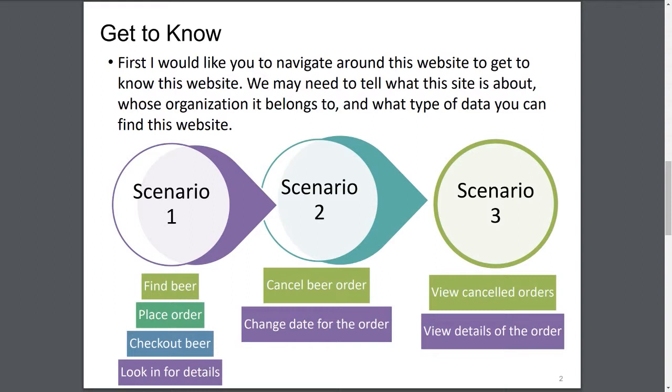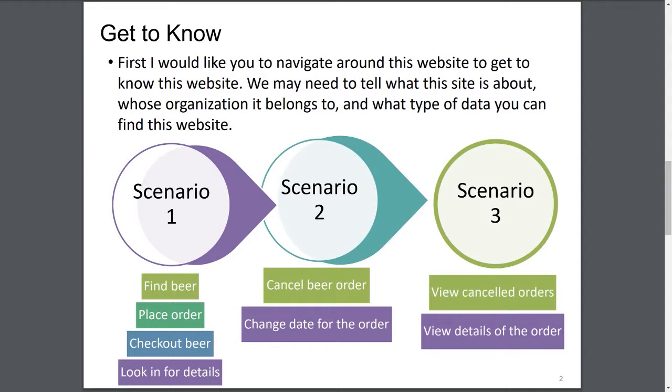In the second scenario, they cancel the beer order from the first scenario and change the date for the new order. In the last scenario, they need to view the history for cancelled orders only, view the details of the cancelled order, and then find a way back home.